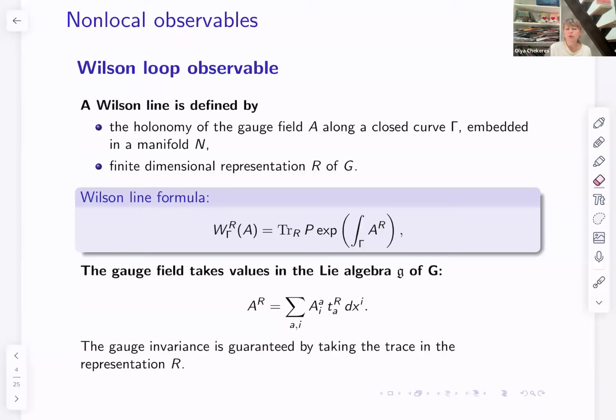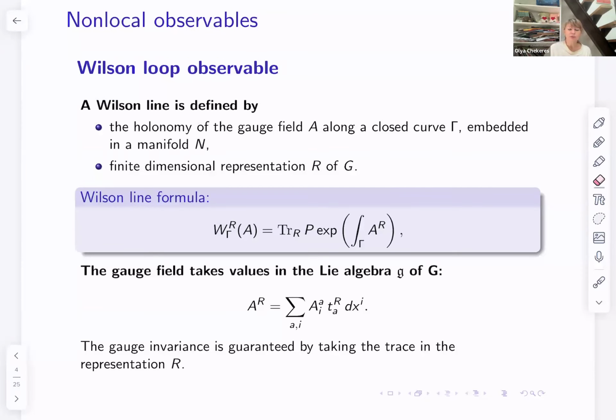And an important example is a Wilson line, a Wilson loop if it is a closed line, which characterizes the transport of a charged object, charged with respect to the gauge field. In electromagnetism, this is electric charge. It defines parallel transport of such an object in the gauge field.